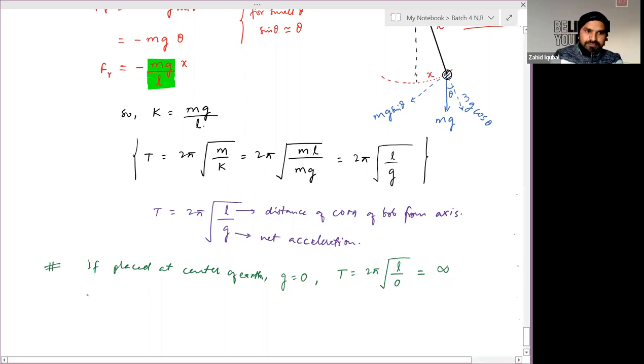Similarly, in case of free fall, the net acceleration of the system will be 0. So the time period of the pendulum will be infinite.